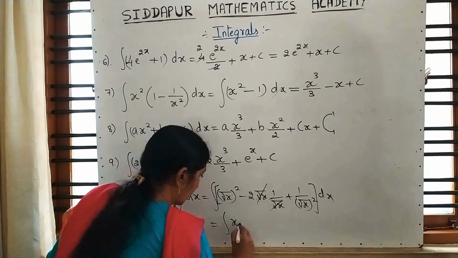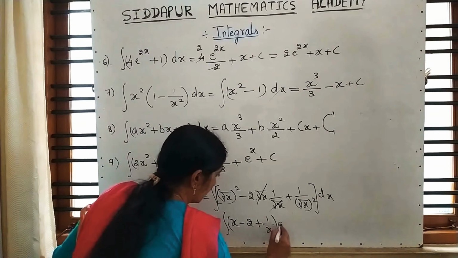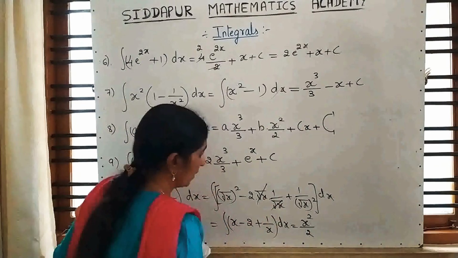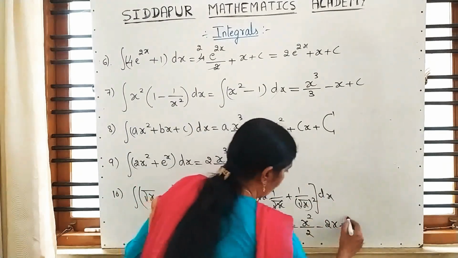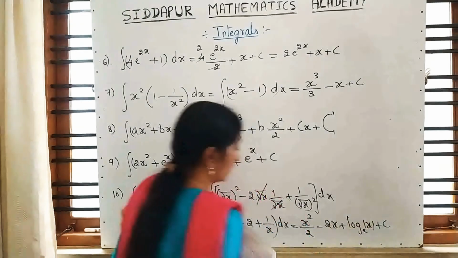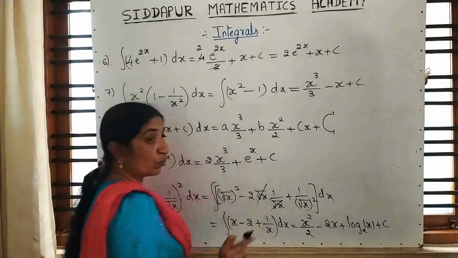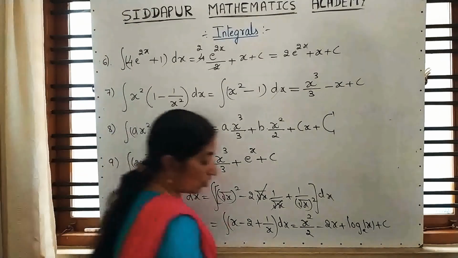Here root x and root x get cancelled. Now integrate. Integration of x is x square by 2. Integration of 2 is 2x. Integration of 1 by x is plus, because already in antiderivative in the first part I gave, and I told you in the formula list make the correction. Integration of 1 by x is log of mod x.